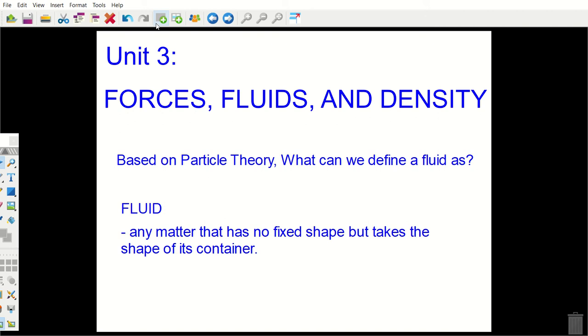So carbon dioxide would be a fluid because it will fill that entire space of that container. Or water, or maple syrup, it will take the shape of that container. Air and oxygen take the shape of whatever room we're in. It fills the entire space of the room in which we are.